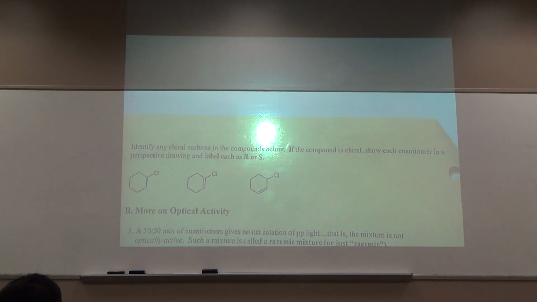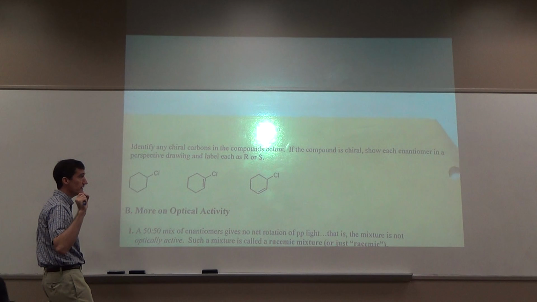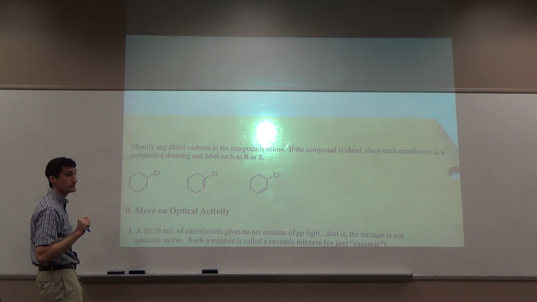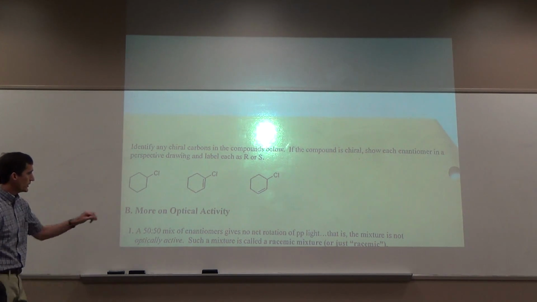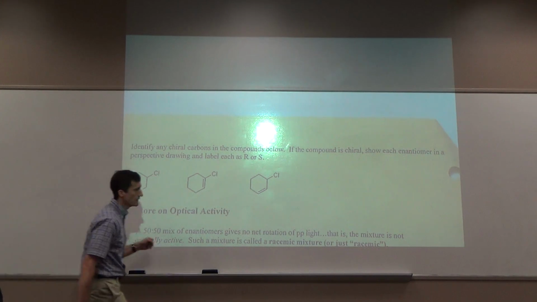But if you really want to understand this stuff, you've got to be thinking, you've got to ask questions, and you've got to realize that class time is very limited. The majority of the course is your outside time, forming your questions, and then boom, class time. More on optical activity.